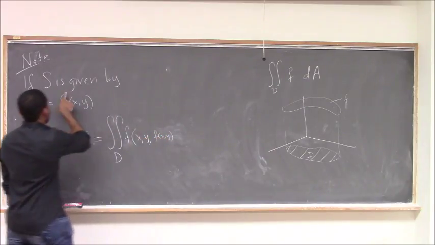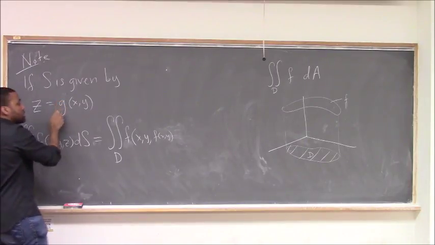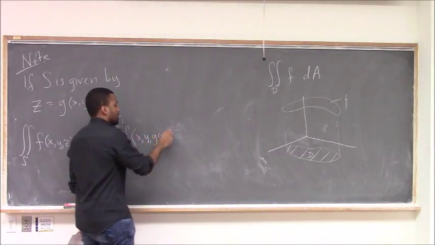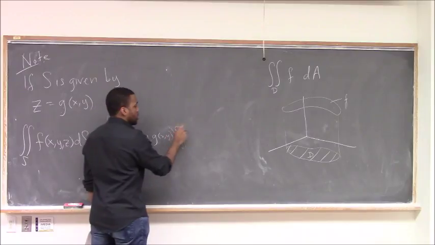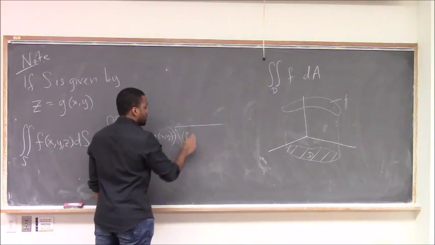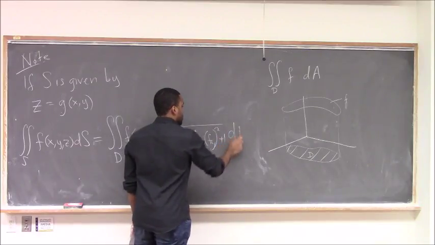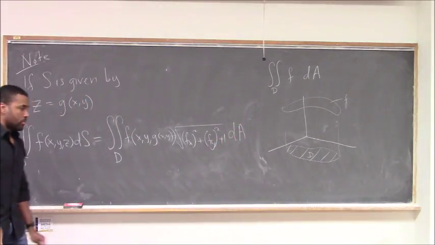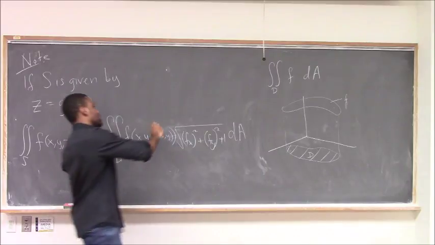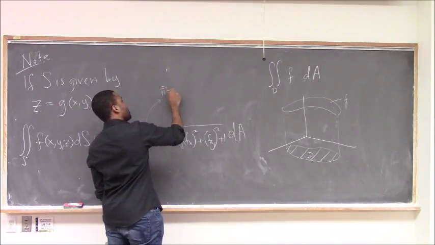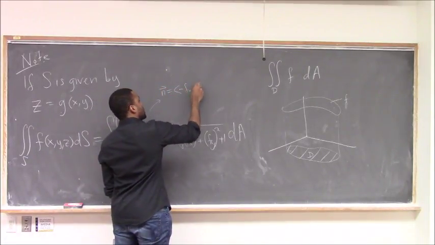Probably I should have used another variable here. And then the magnitude of the normal we know is going to be partial with respect to x squared plus partial with respect to y squared. Right, that's because in this case, your n is going to be minus fx, minus fy.